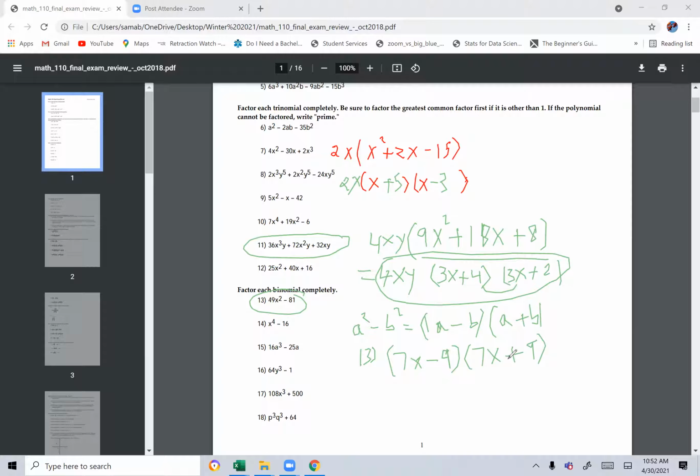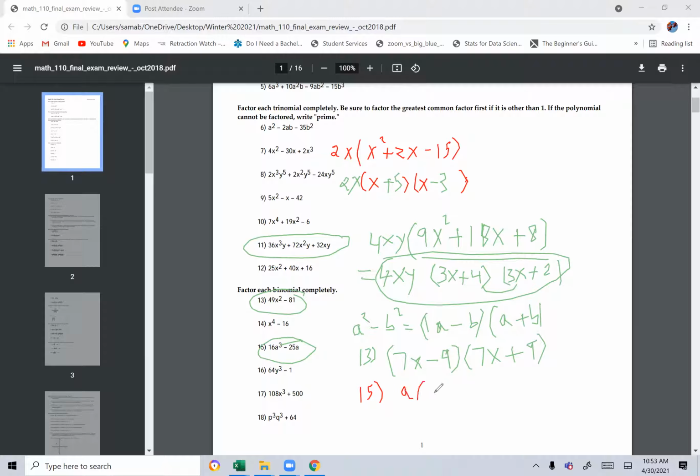Now, if I take 15, it doesn't look like there's a difference between two squares. So probably there is a GCF that I can take out. Let me see if I can take out a GCF here. I could take out a.